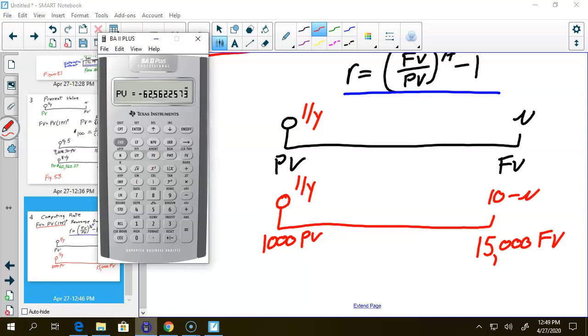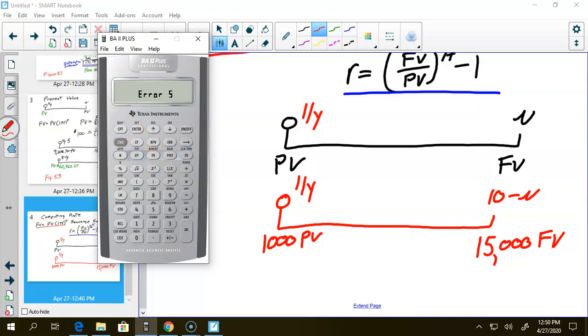Now, again, brand new problem, so I got to clear time value of money, so that's a second function. I'm going to clear that out and quit. Now, let's just walk through. We have N, we have $1,000 as my present value, and I wanted 15,000 for my future value, and I'm looking for interest rate, so I'm going to compute interest rate.